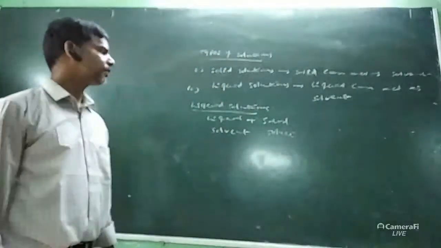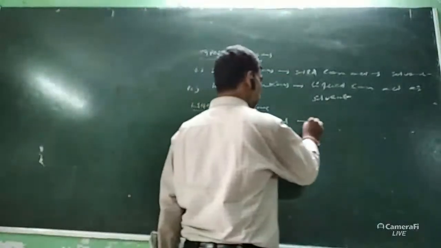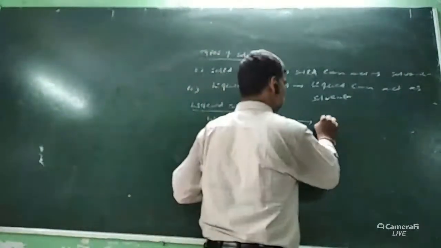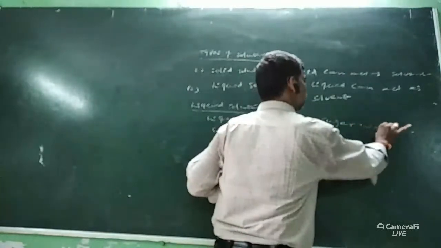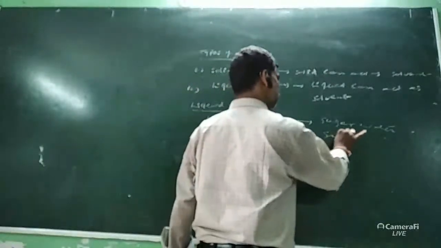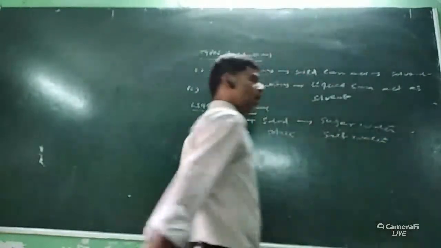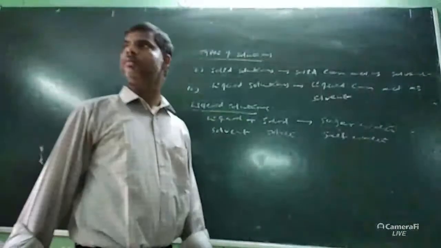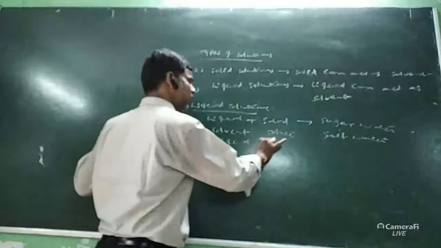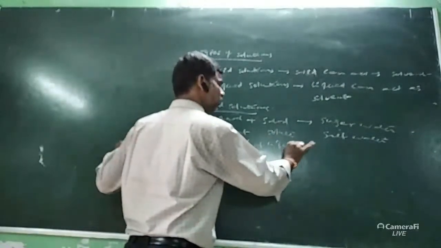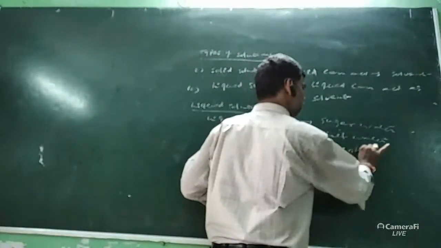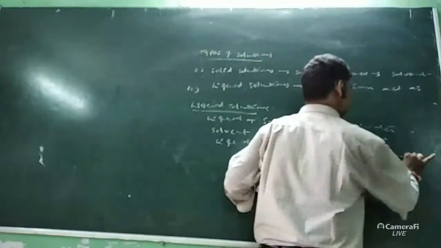The liquid is the larger amount and the solid is the smaller amount, such as sugar plus water, or salt plus water. And liquid plus liquid, that is nothing but alcoholic water.